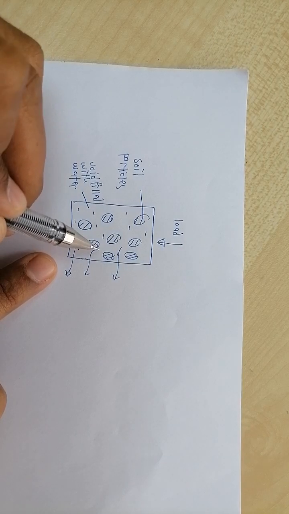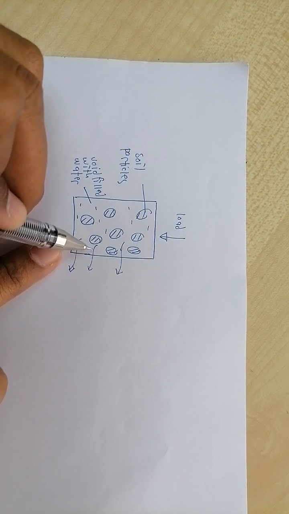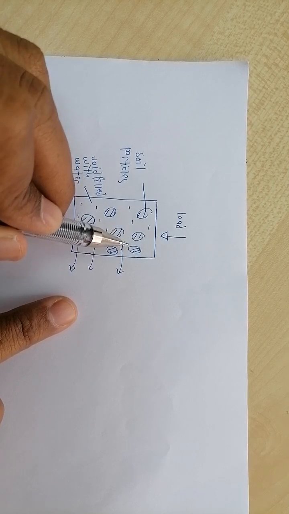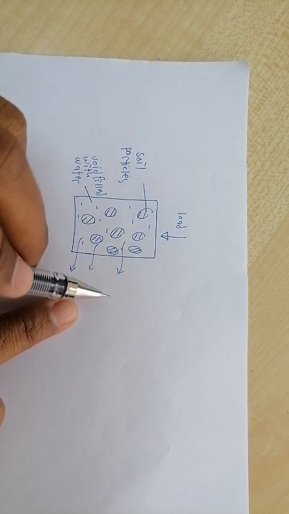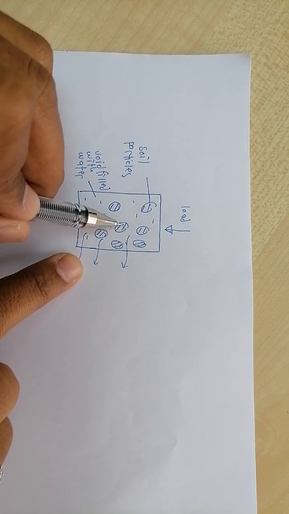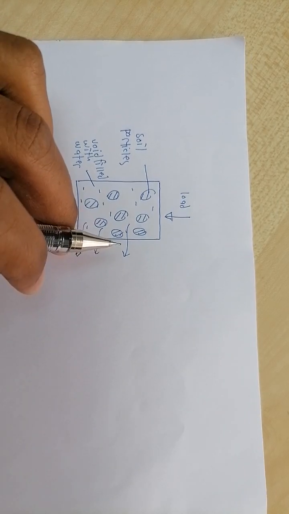Water will dissipate or discharge from this sample. After a long time, the load or the pressure put on the sample will be taken by the soil skeleton or the soil solids.